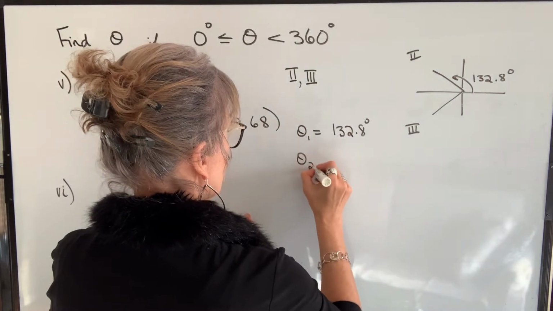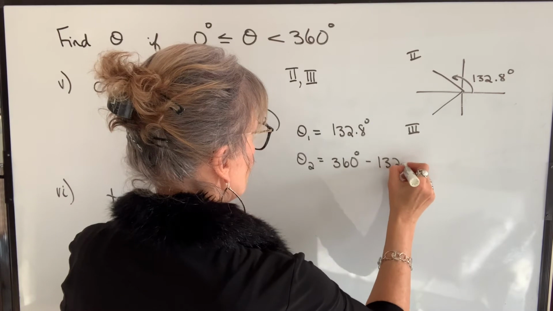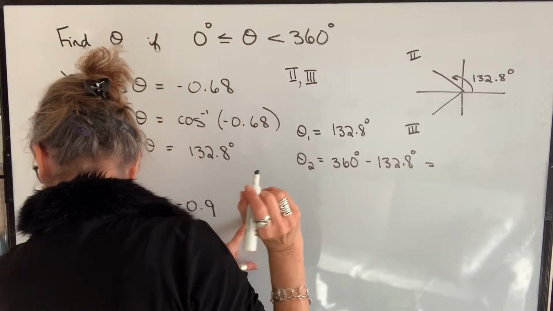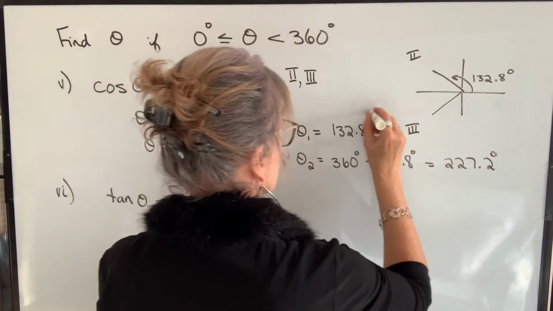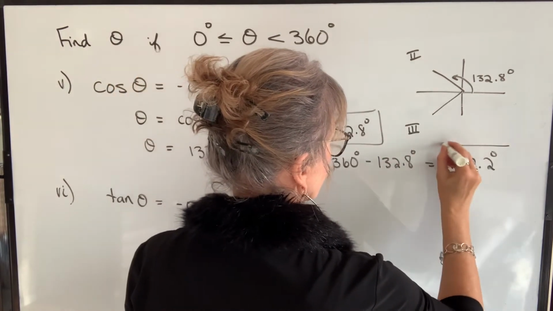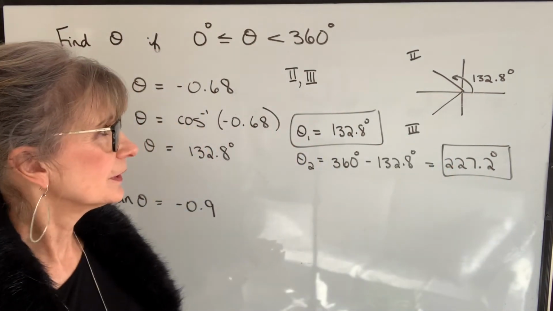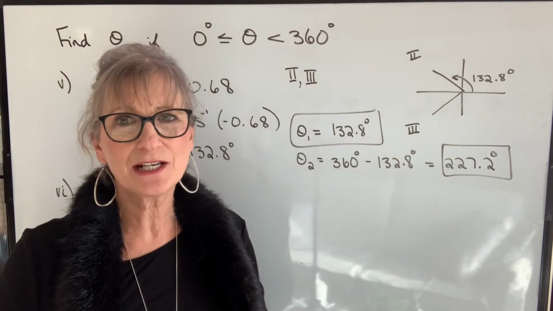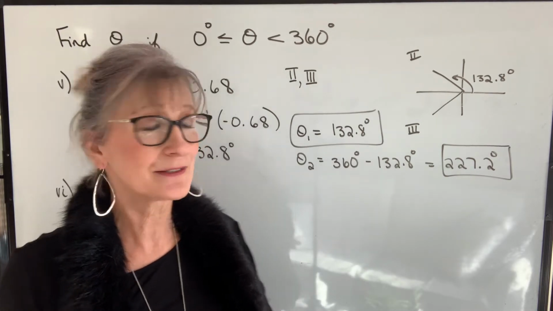Our second answer will be 360 degrees minus 132.8 degrees, which is 227.2 degrees. Just be careful, it's always from that horizontal, so you're either adding or subtracting 180 or 360. Never 90, never 270 degrees.